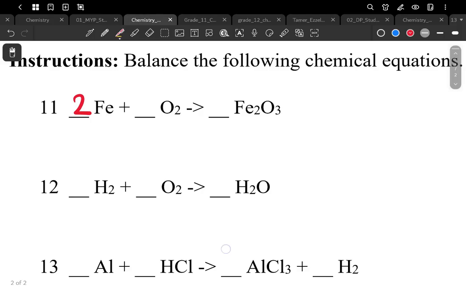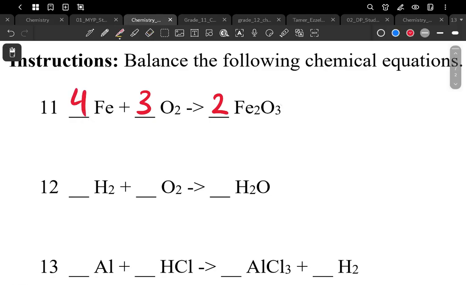So I'm going to multiply 2 by 3 and 3 by 2, so both are raised to 6 atoms of oxygen. But now the iron, because I added a coefficient of 2, instead of being 2 atoms of iron, now there are 4 atoms of iron on this side of the equation, so I have to raise this number to 4.